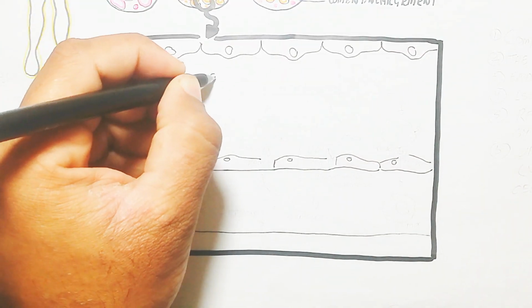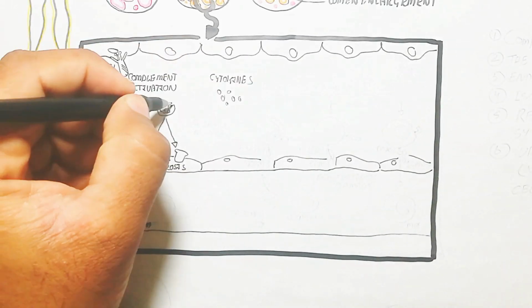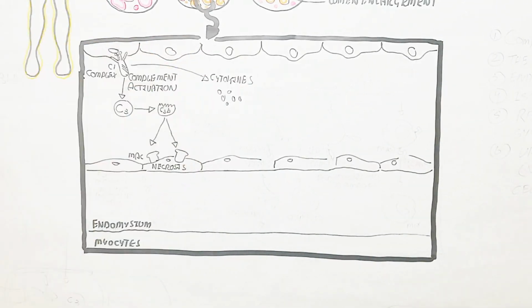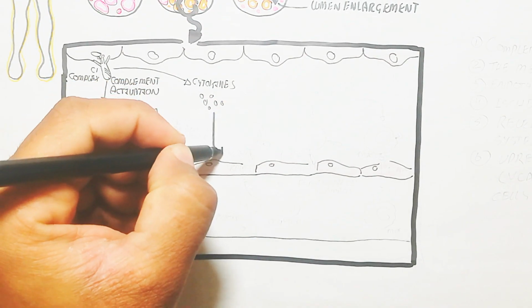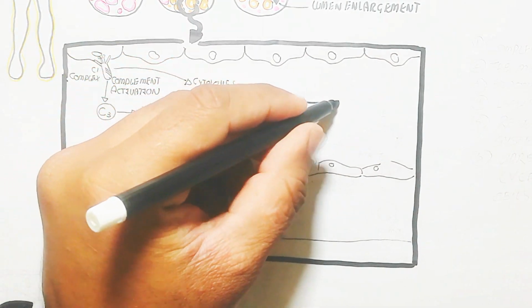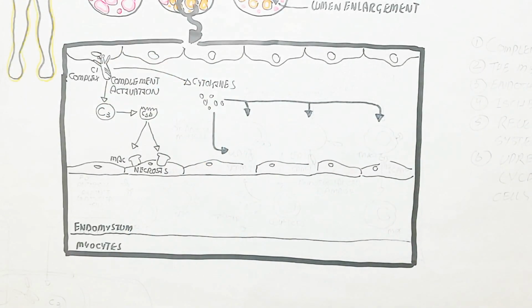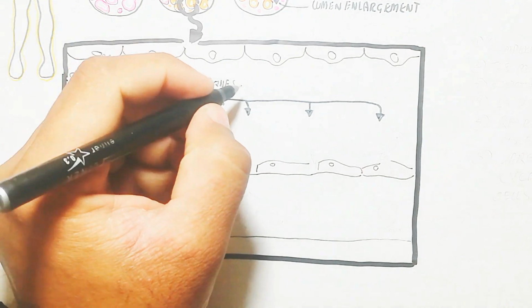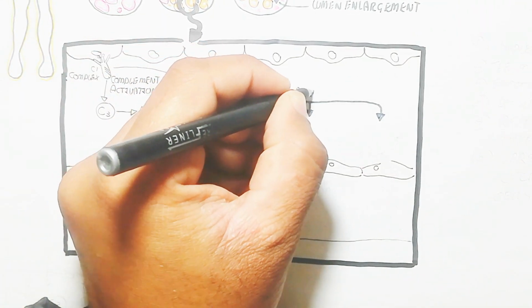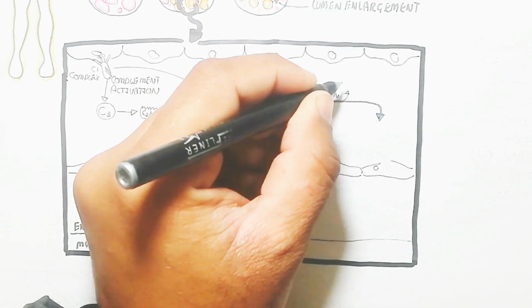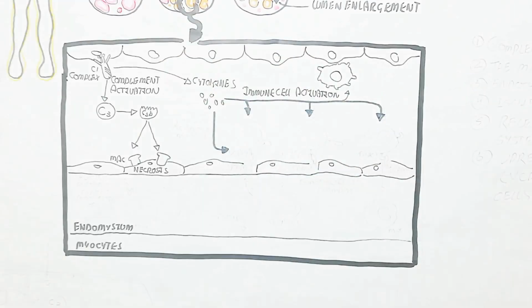In this way, the MAC formation is pore-like, and complement activation also produces cytokines. The cytokines will lead to upregulation of adhesion molecules, while the immune cell activation is also due to the cytokine, because cyto means cell, kine means the changes.